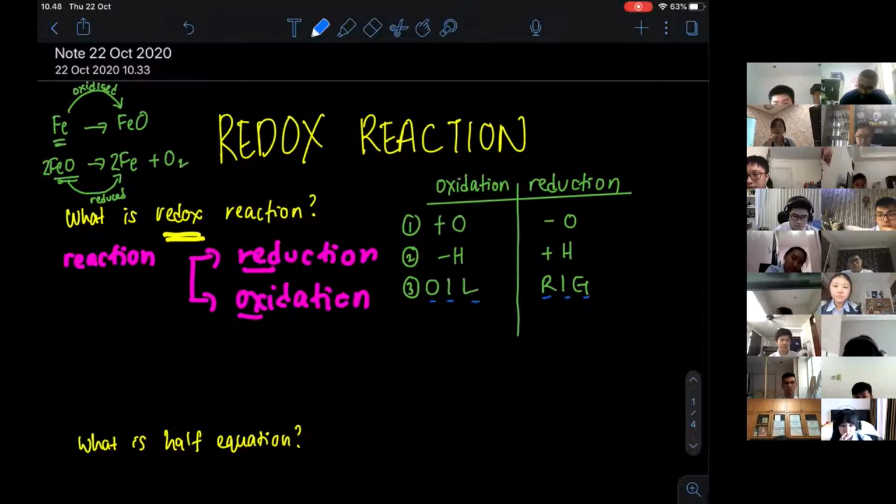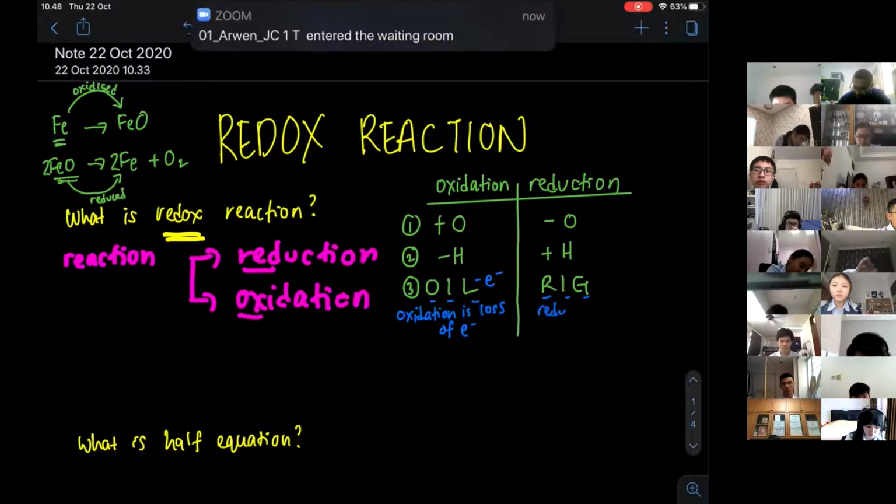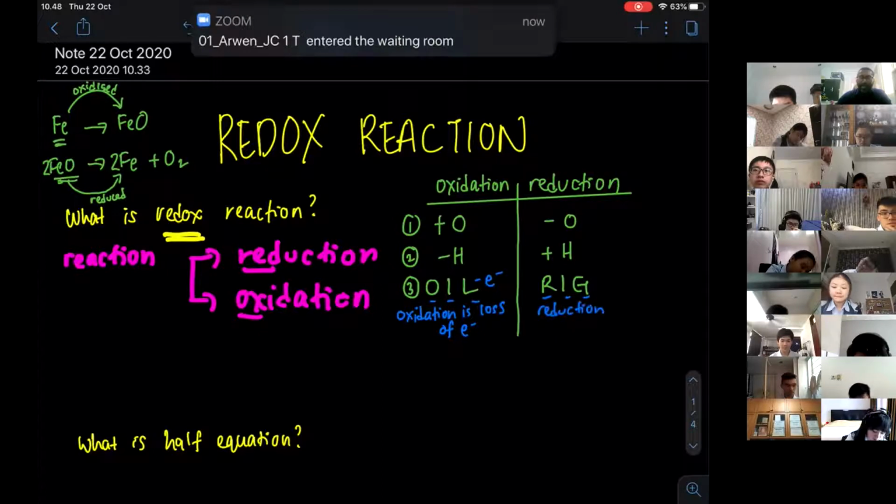Oxidation is loss, loss of electron. Reduction is gaining of electron.